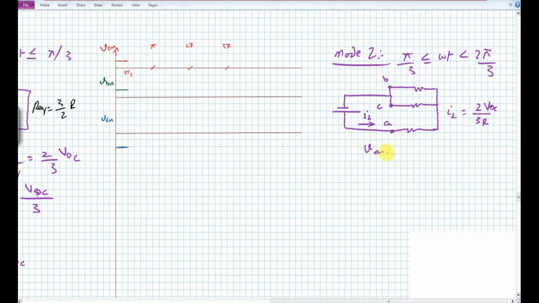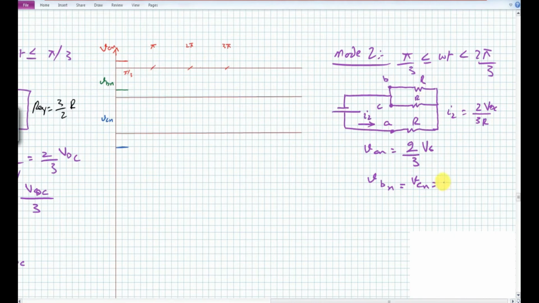Using this expression, I2 equal to 2 by 3 VDC over R, we can find out the value of VAN to be equal to 2 by 3 of VDC. V is equal to I into R, and this is the value of the load available here. How about this VB of n? VB of n and VC of n will share the same voltage, because the current is dividing equally among these two loads.